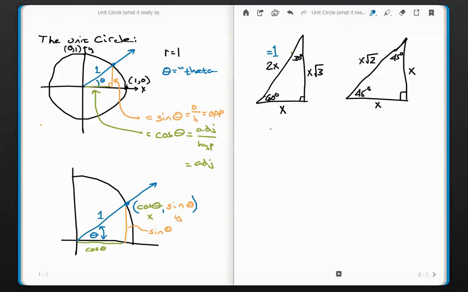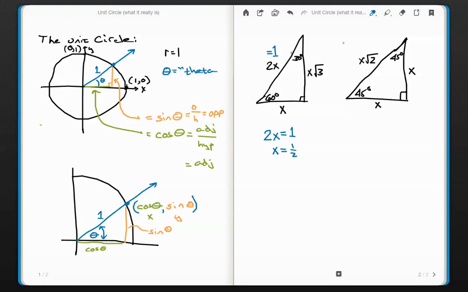So now 2x has to equal 1. If 2 times this side has to equal 1, that means x has to equal 1/2.